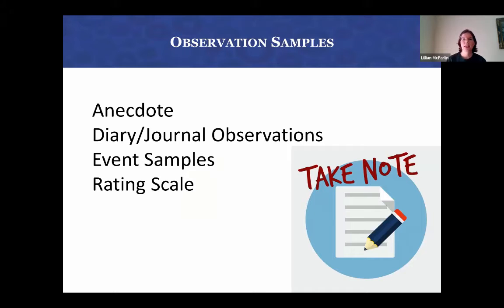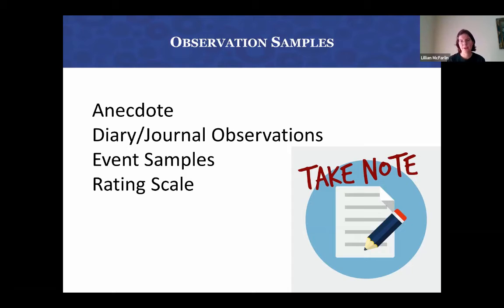An anecdote is that you have observed something happening in the classroom, usually while you're playing with the children, and you jot down what happened quickly. It usually has a date on it, usually has the children's names that are involved. And you would save that and use it to figure out where the children are developmentally.